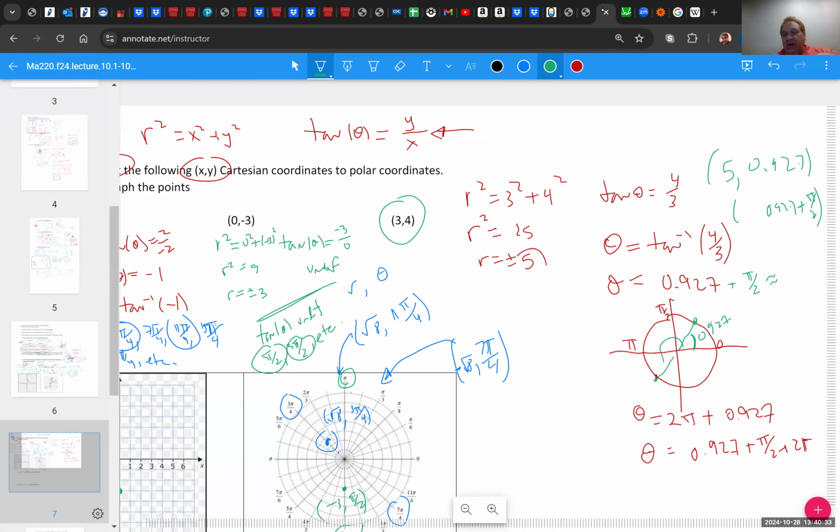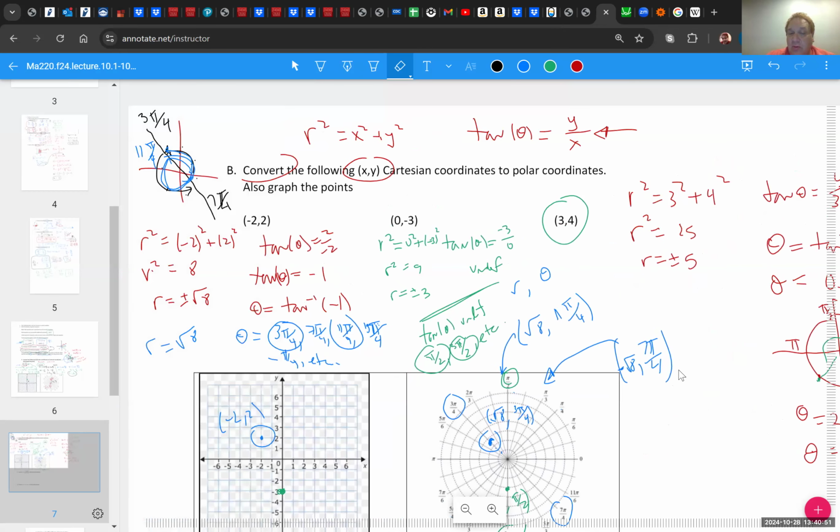We don't need that. We need it to go in the reverse direction into the first quadrant. So we would need a negative 5 for the r value for that one. And you can play around with more of them if you like. So those are some examples of converting the XY coordinates into polar coordinates.